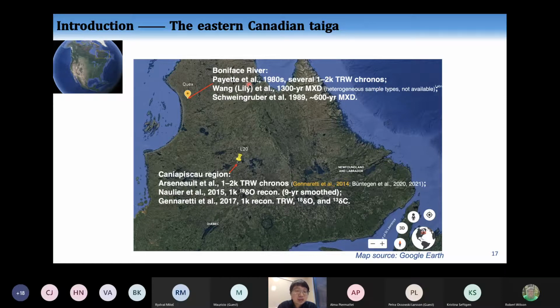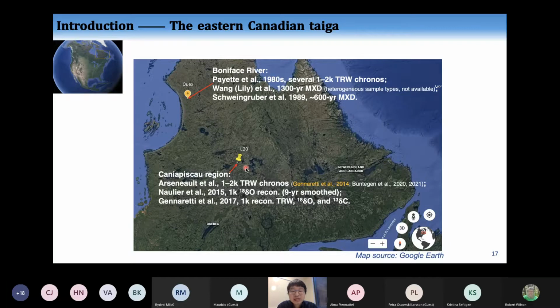And since around 2010, my supervisor, Professor Dominique Arseneault, and his team started to use the lake subfossil materials extracted from the lakes in the Kuujjuarapik region of central Quebec to develop several millennial ring width chronologies.